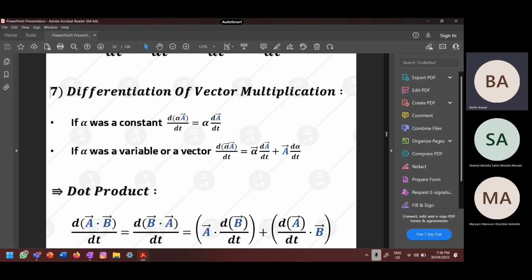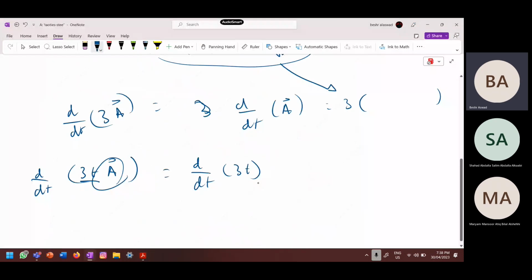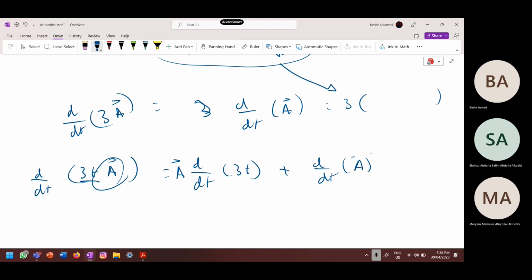Just let me make sure. Yes, it's multiplied out here. This means that it's not related to the derivative, plus d/dt of the vector a, and here you have 3t.